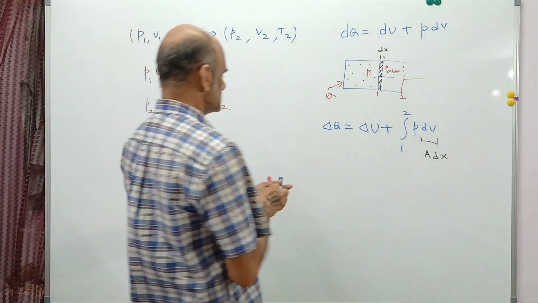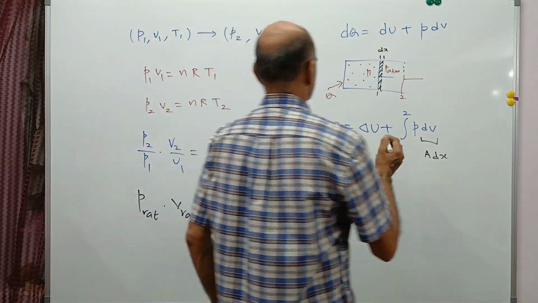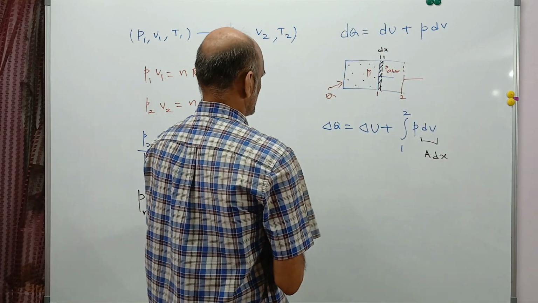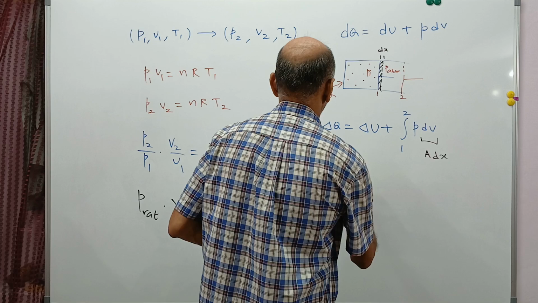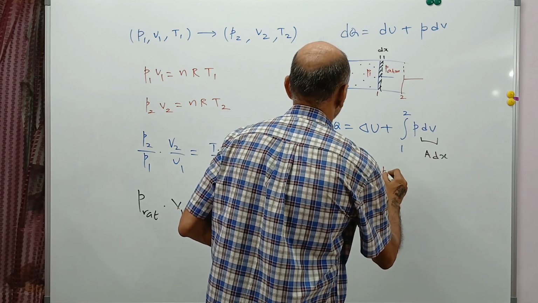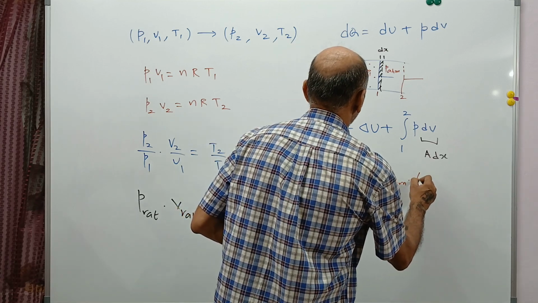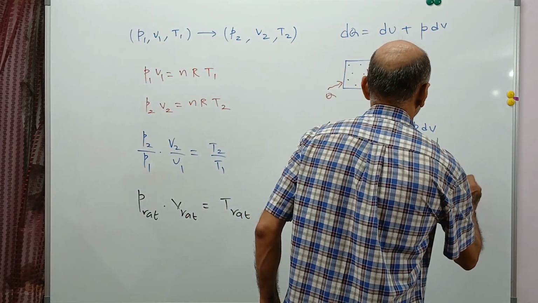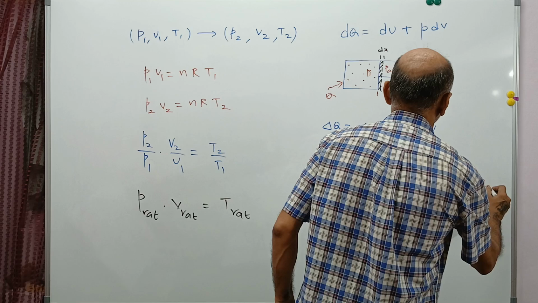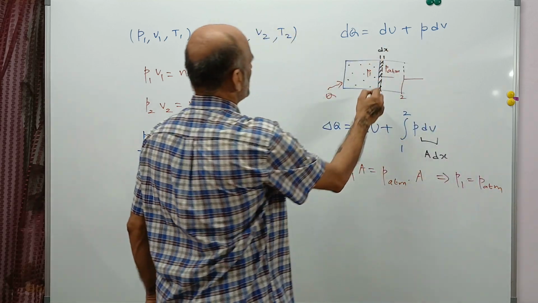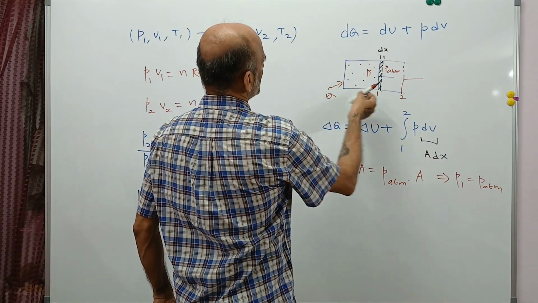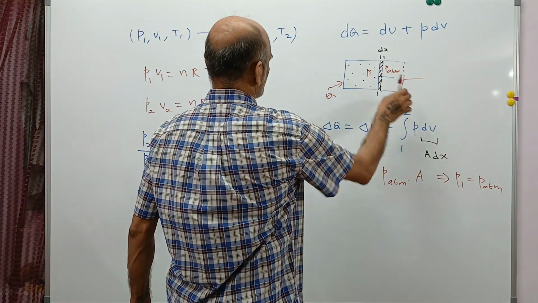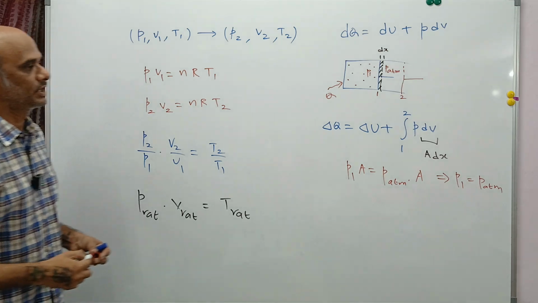Since the piston is in balance, the force balance equation gives P1 into A balanced by the atmospheric pressure into A. The force on this side is P1 into A, the force on this side is P atmosphere into A. Since the piston is at rest, both the forces are equal, so we get P1 equal to P atmosphere.